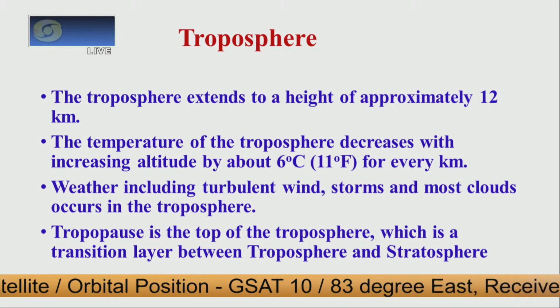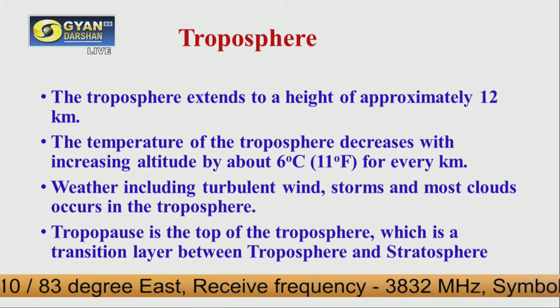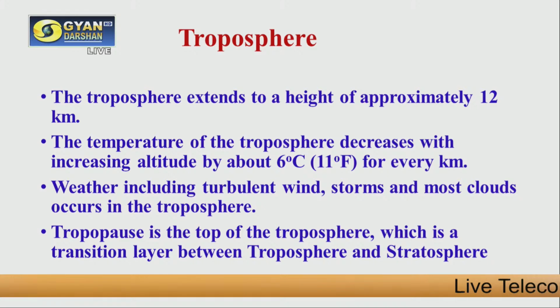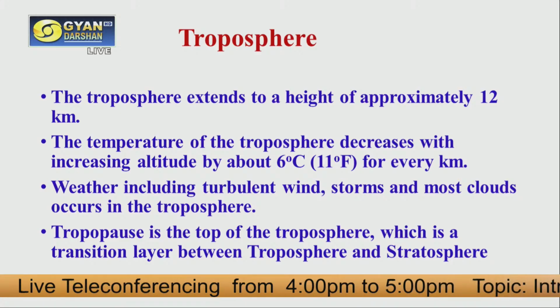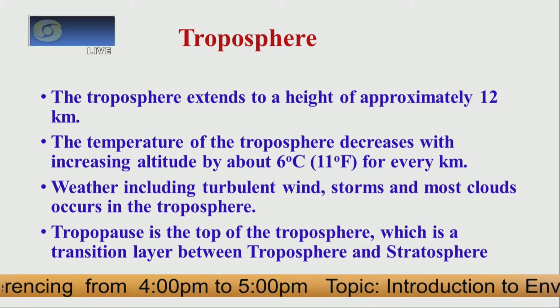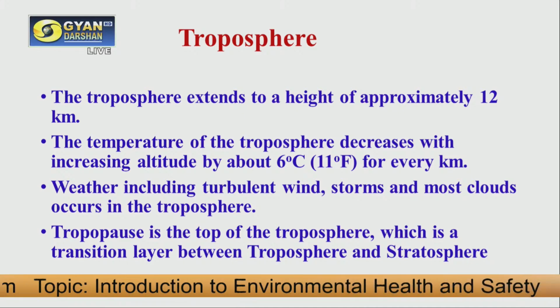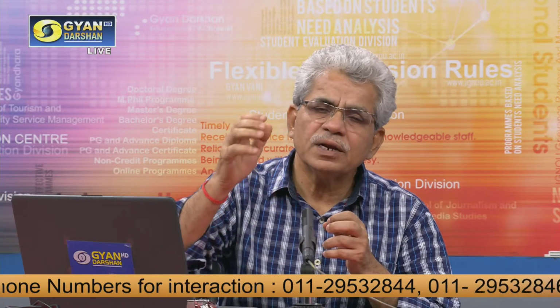The temperature of the troposphere decreases with increasing altitude by about 6 degrees centigrade, or 11 degrees Fahrenheit, with every kilometer. This is the property of the troposphere: the temperature near the Earth's surface is higher, but as you move away from the Earth's surface into space, the temperature goes down, at a rate of 6 degrees centigrade per kilometer.